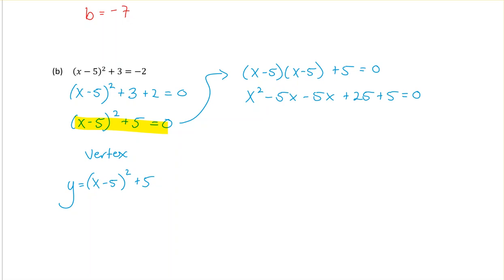If you combine all of your like terms, then you're going to be left with x squared minus 10x plus 30. Our a value is 1, my b value is negative 10, and my c value is 30. Use the discriminant.